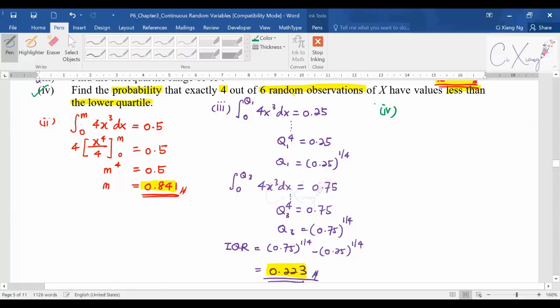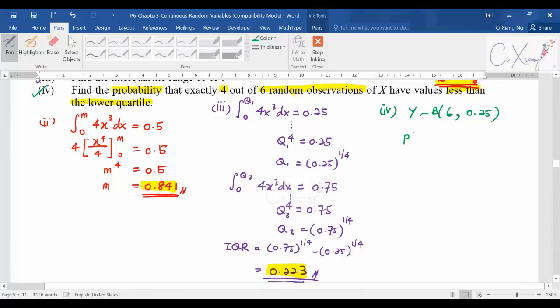Although the original idea is about a continuous random variable, if you look at this structure, it is actually a binomial question. That means I will use y, I'm not going to use x anymore. So y is binomially distributed. You have 6 observations, and they said less than the lower quartile. So what is the percentage of the data that is less than the lower quartile? It should be 0.25, right?